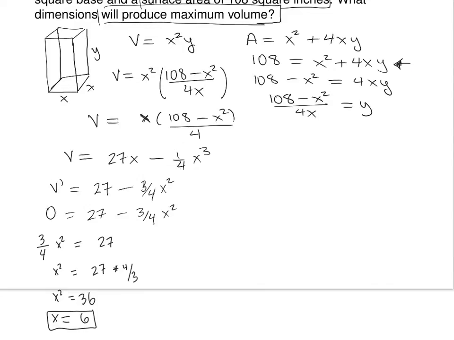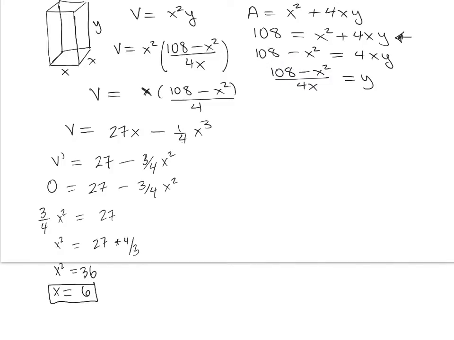Okay. Before we move on, let's make sure it's a max or min. Does that make sense? If it's easy to take the second derivative, just do so. Is it easy to get the second derivative? Yeah. So v prime prime is equal to, I think, -3 over 2x. And v prime prime of 6 will be less than 0.